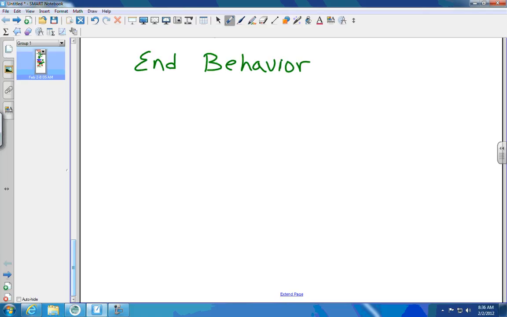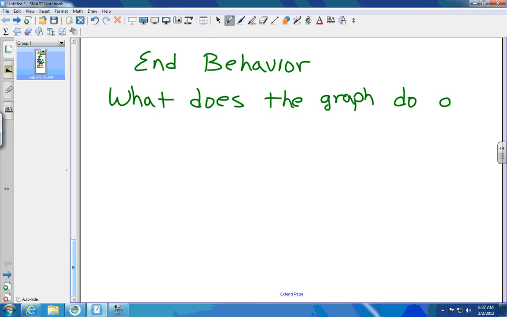End behavior. The notation that you have to write can be a little confusing, but as far as what you're talking about, it really shouldn't be that confusing. End behavior simply means what does the graph do as it goes to the left and right.